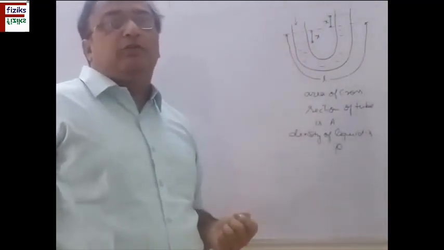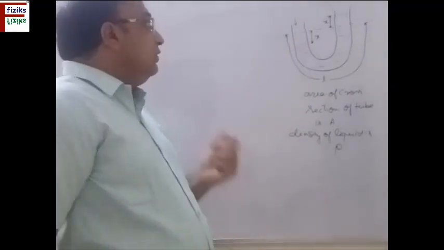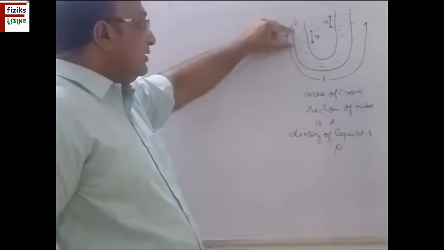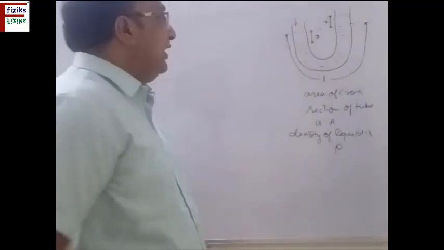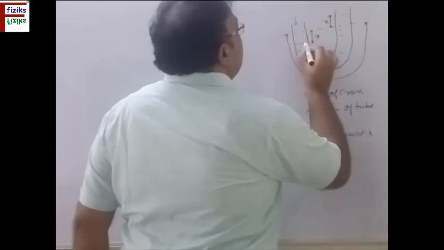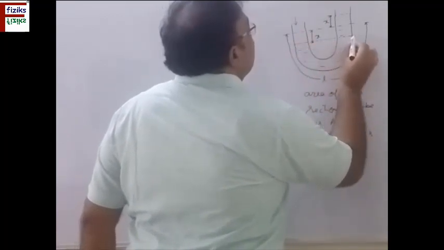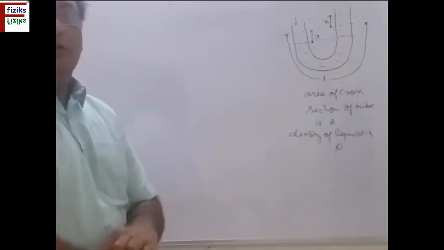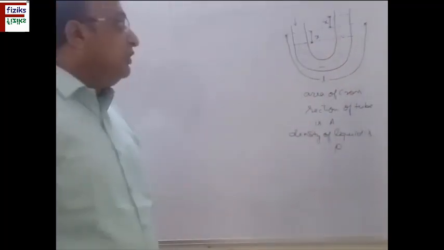So why will it execute simple harmonic motion? You know that the liquid which goes down here is x and goes up here is also x. Now in this condition, up to this level, the pressure on this side and on this side is same. So what is the disturbing force?